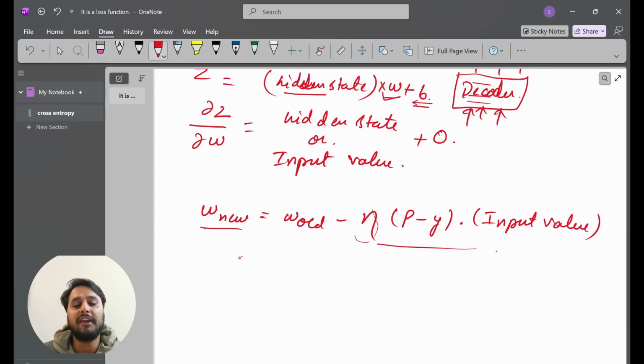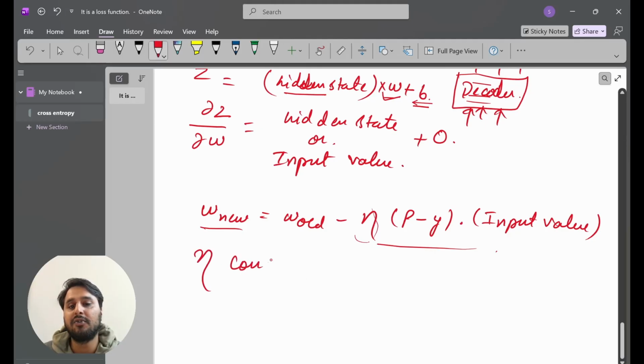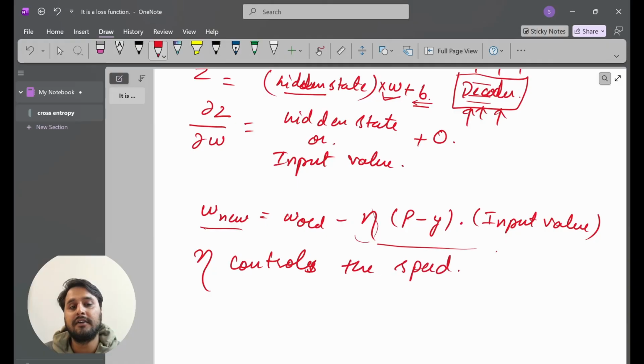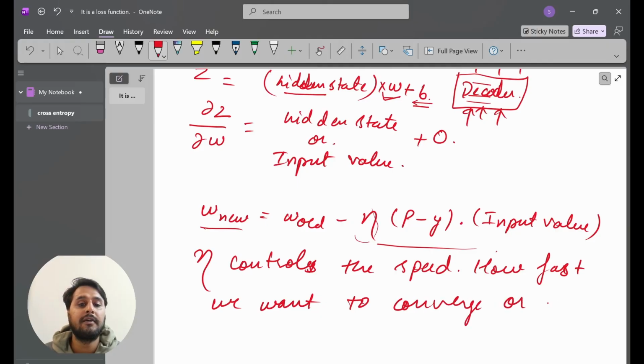It controls the speed, how fast we are going to converge to the local minima.